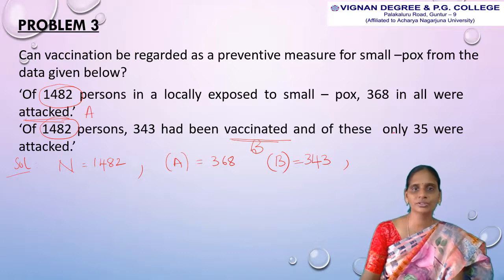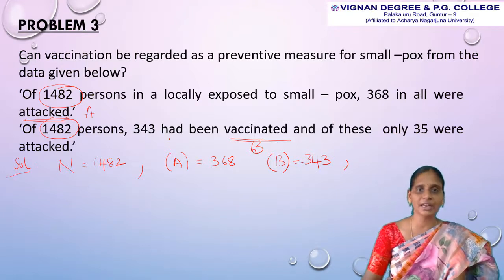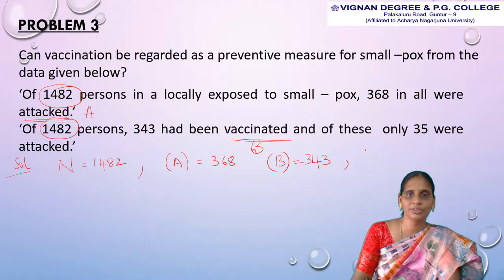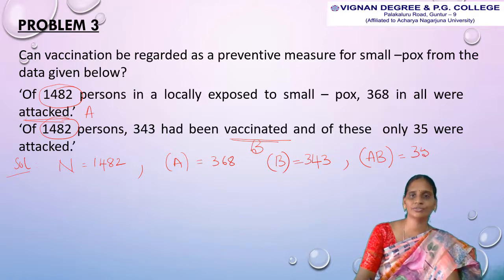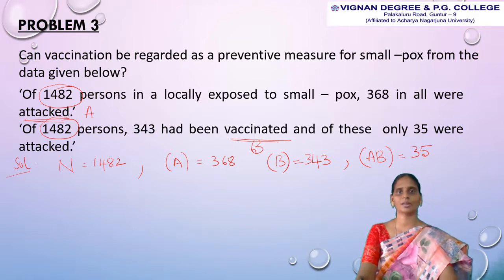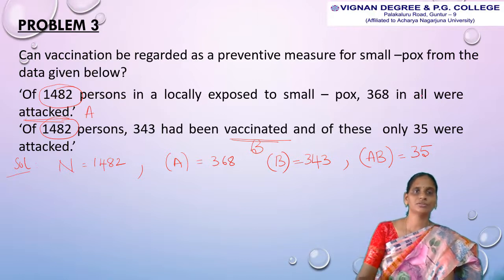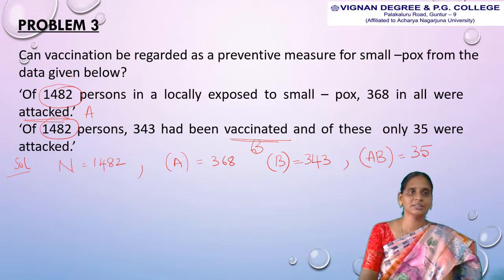And of these only 35 were attacked, so frequency of AB is equal to 35. Now we have to find whether vaccination can be regarded as a preventive measure for smallpox from the given data.